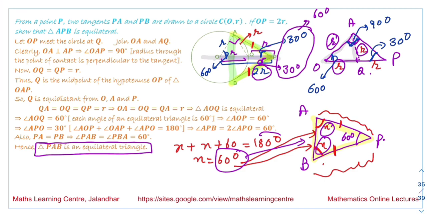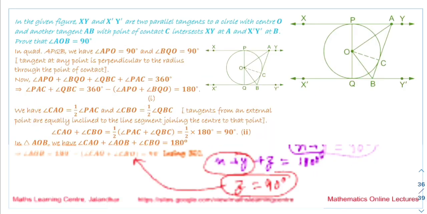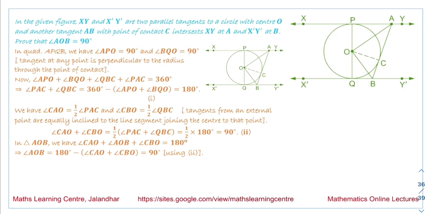Next is, in the given figure, XY and X dash Y dash are parallel tangents.